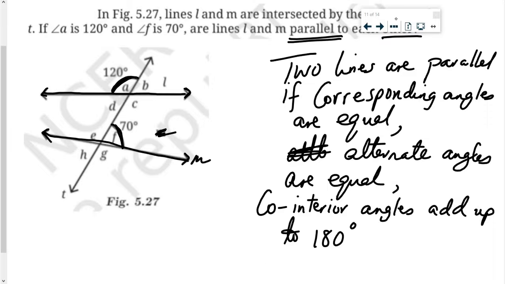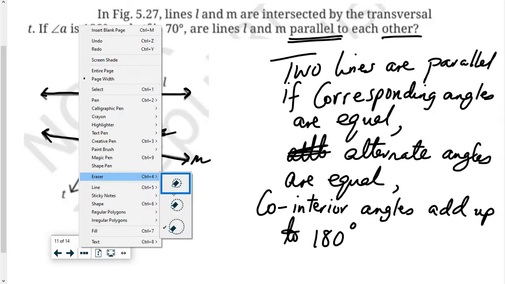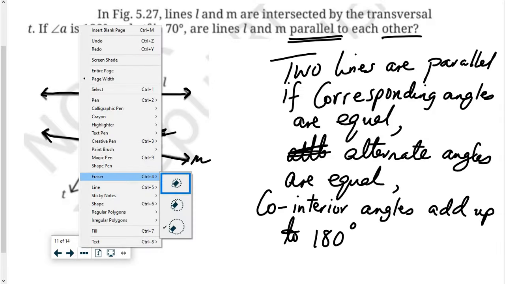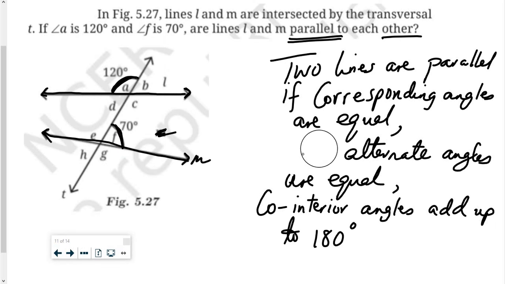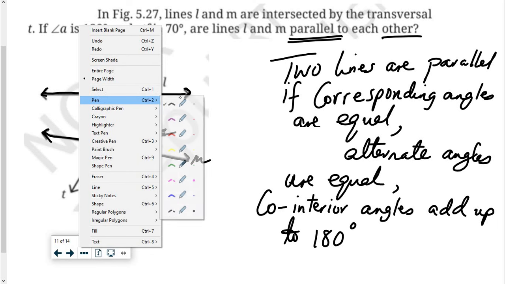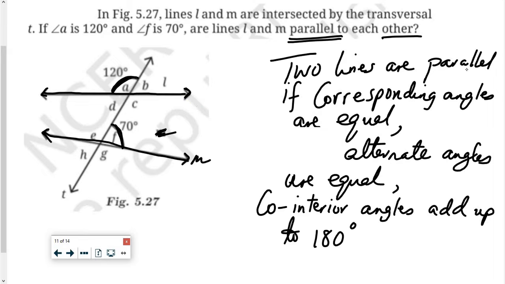So that is what you're supposed to check. I repeat, how do we determine if two lines are parallel or not? Two lines are parallel if corresponding angles are equal, or alternate angles are equal, or co-interior angles add up to 180 degrees.